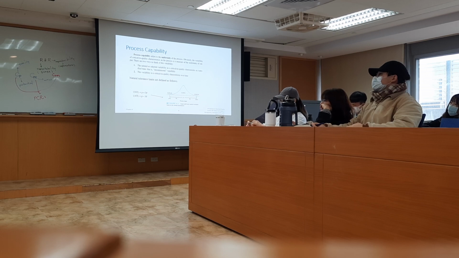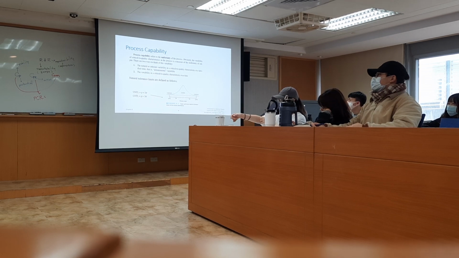Then, the variability in a CTQ characteristic over time. Is it really always fixed at this distribution? No. Sometimes it is, sometimes it isn't. So we need to look at the distribution over time to supervise whether the process capability is stable or not.